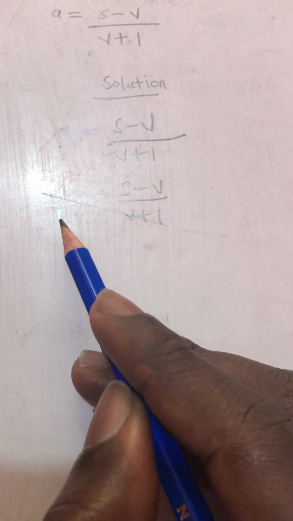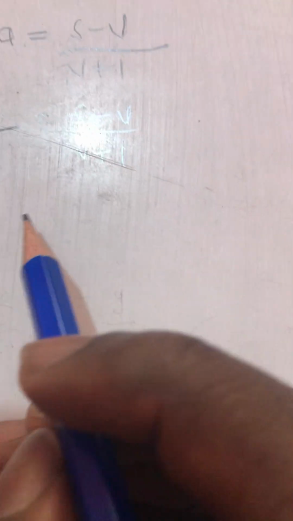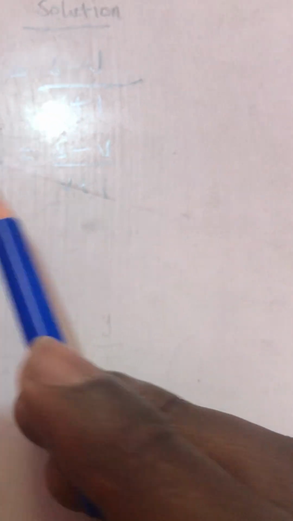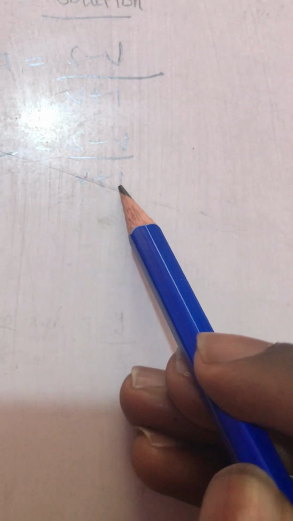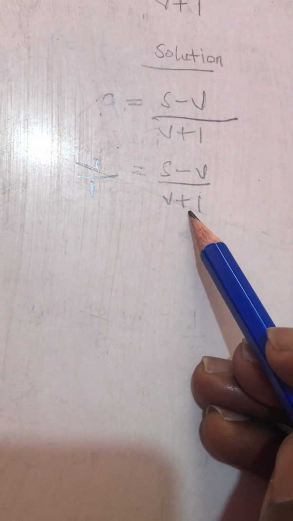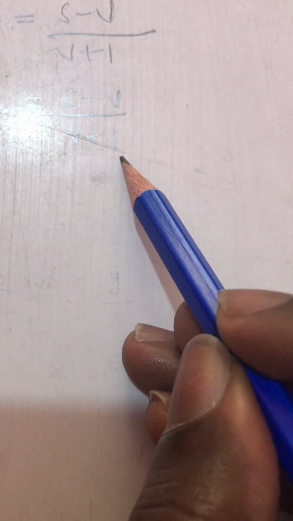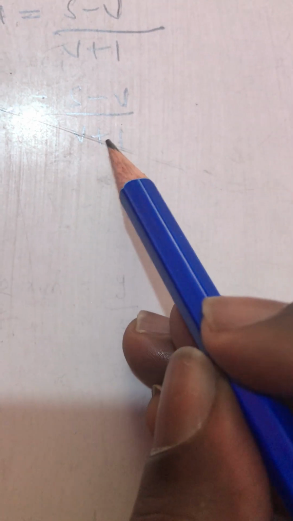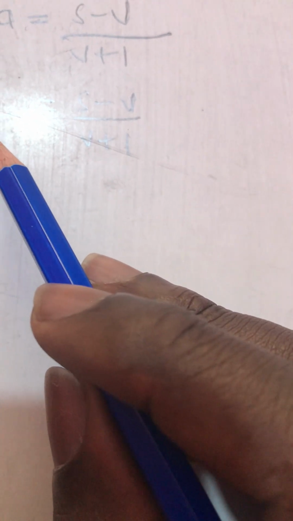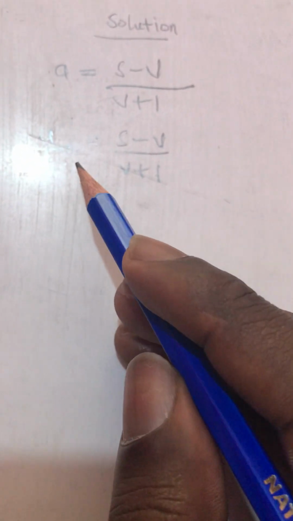So to find the LCM, you multiply 1 by v plus 1, okay? And you are going to have the same v plus 1. That means v plus 1 would enter itself 1, and it will enter 1 to like 1, right?